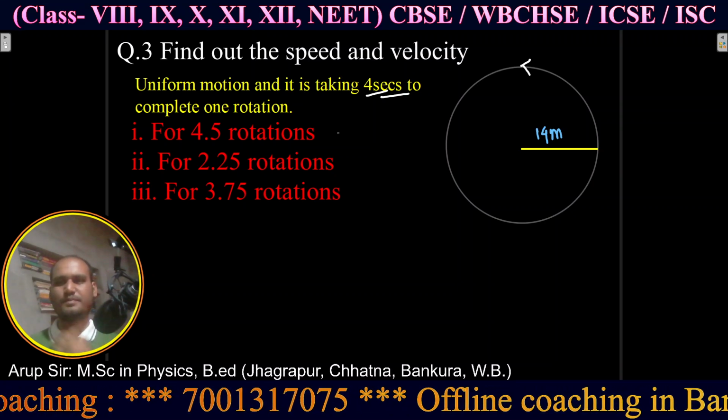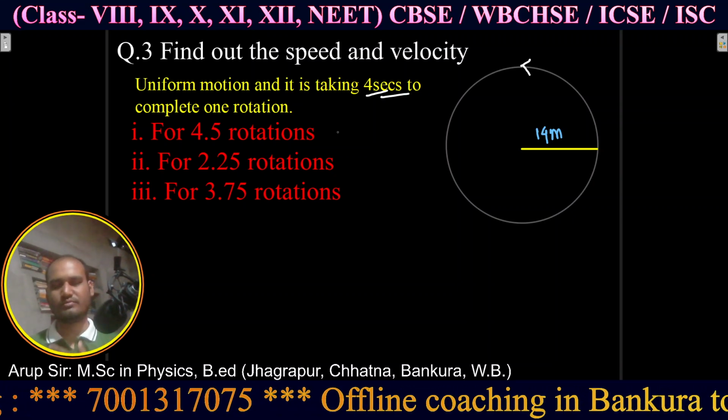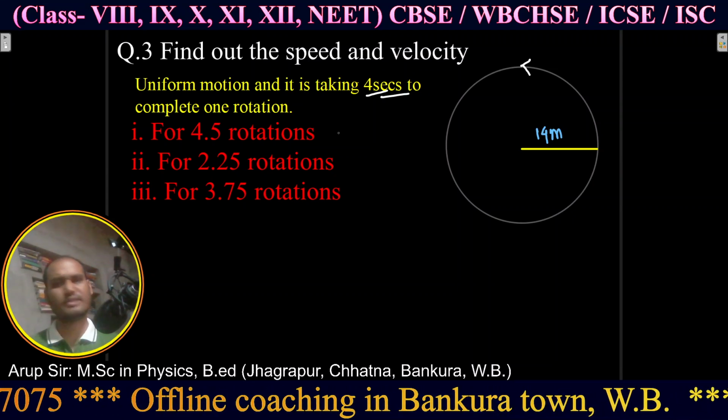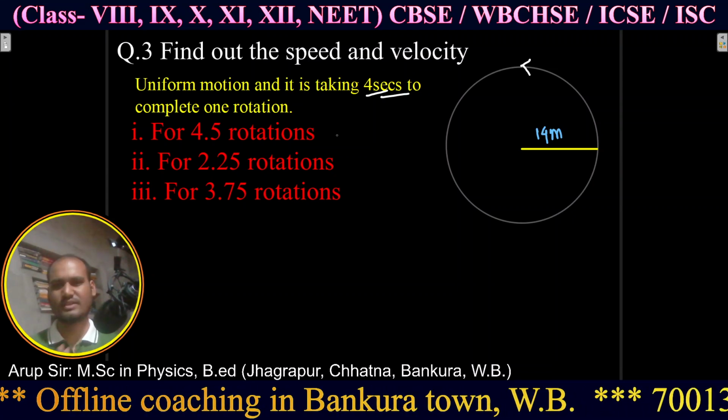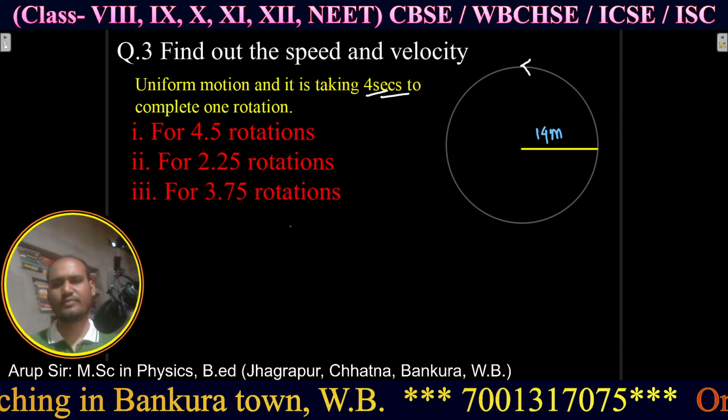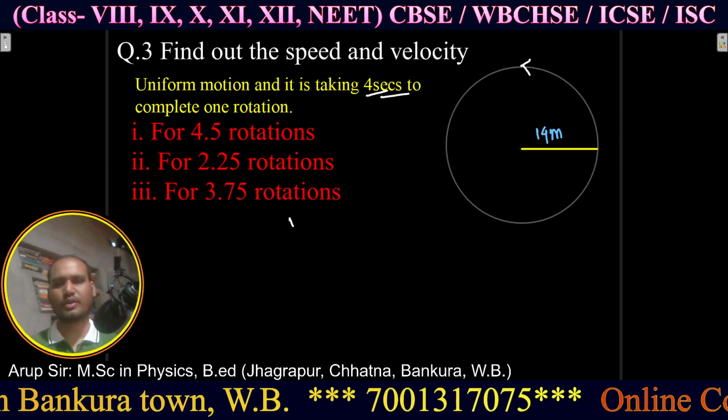Now let's come to the two parameters, speed and velocity. For speed and velocity you need to find out distance and displacement. Time is simple, just divide by time. So find out at first the distance for all of these cases.